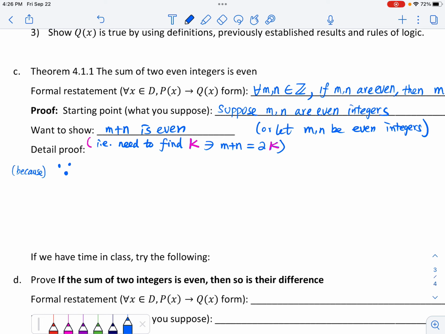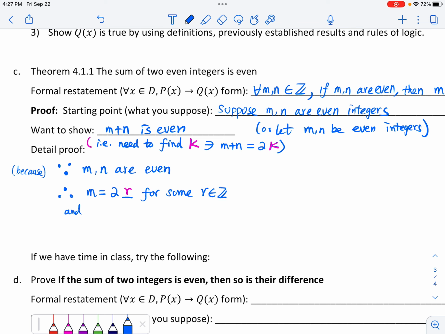Because m and n are even, therefore, because m is even, we must be able to find an integer r so that m is equal to 2r, for some integer r.